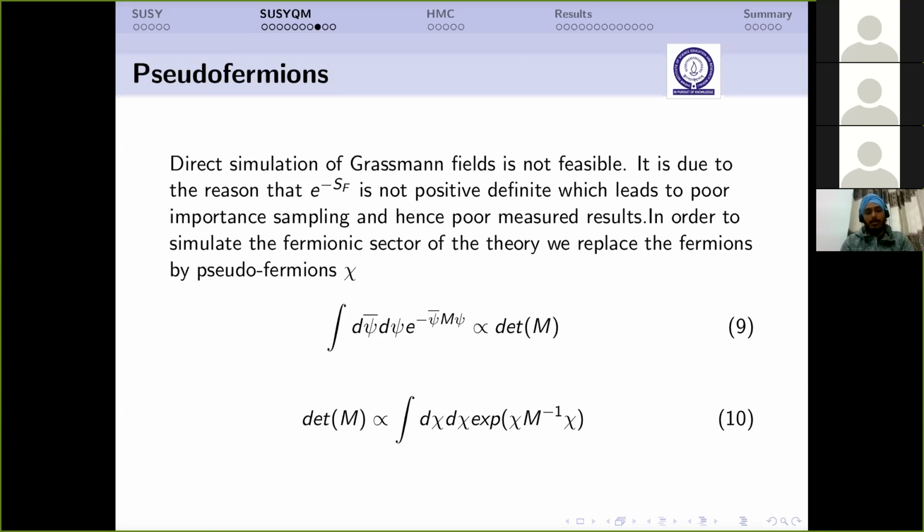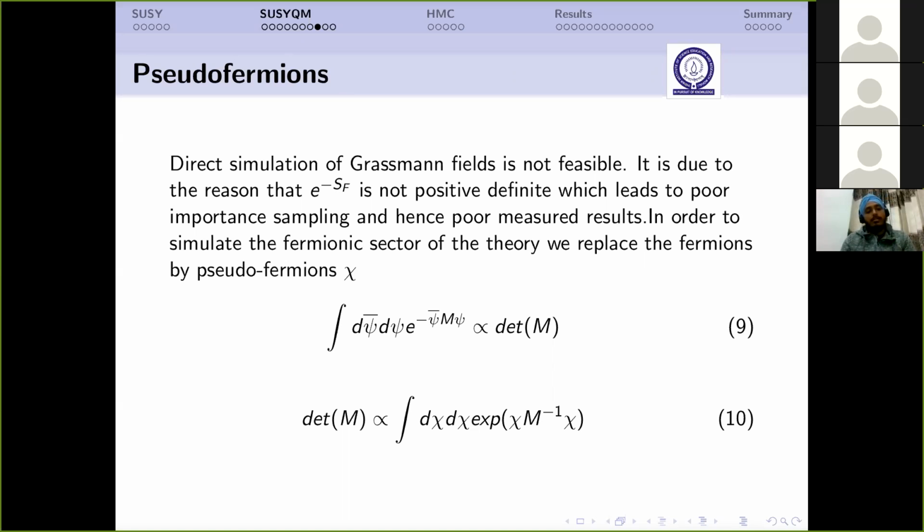But also, to put fermions on the lattice, we cannot directly put the Grassmannian fields on the lattice. That is because the exponential of the minus fermionic action part is not positive definite. What that does is that the importance sampling is not that good, and we cannot actually trust the measured quantities.